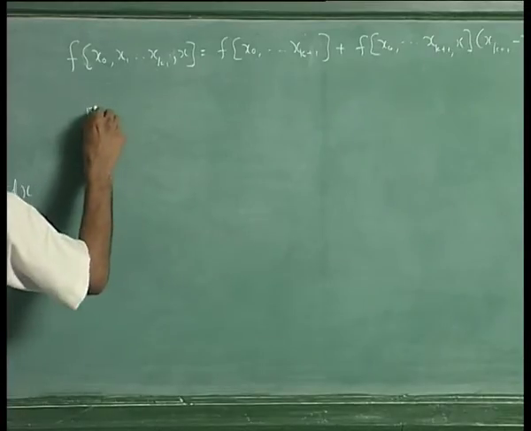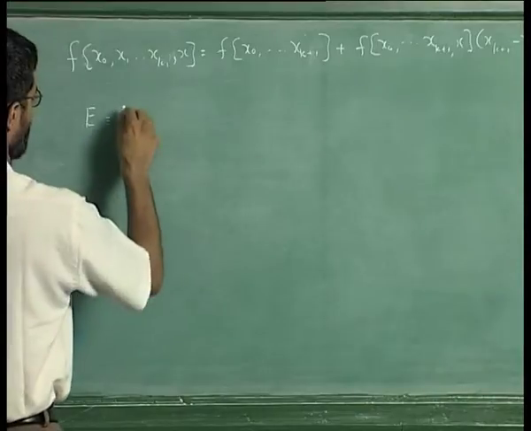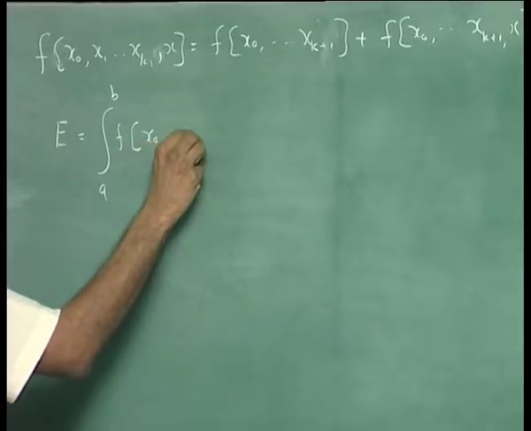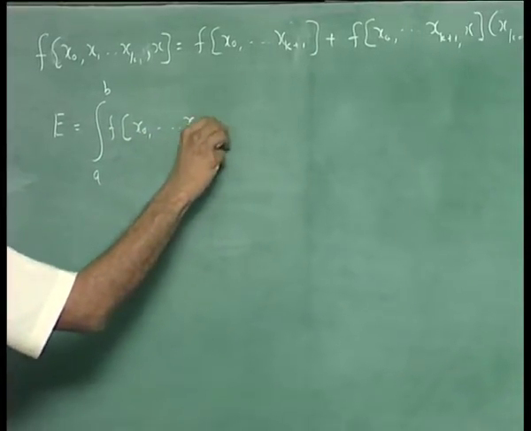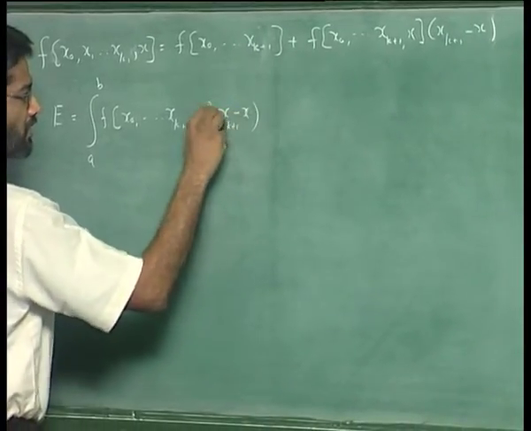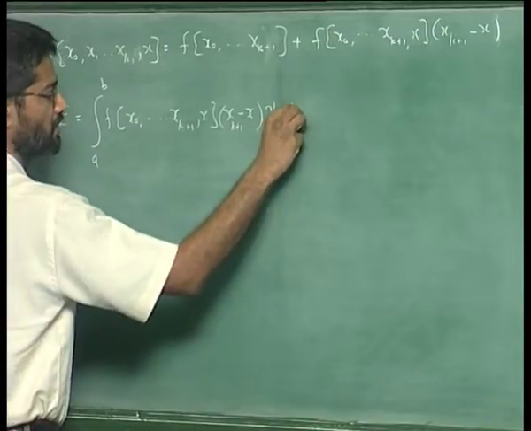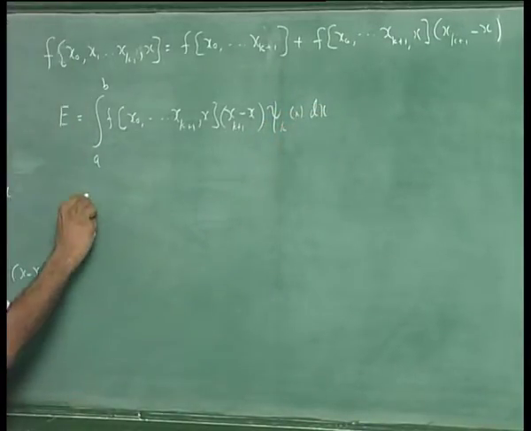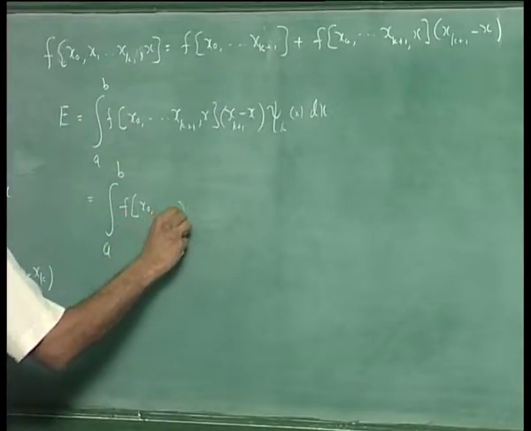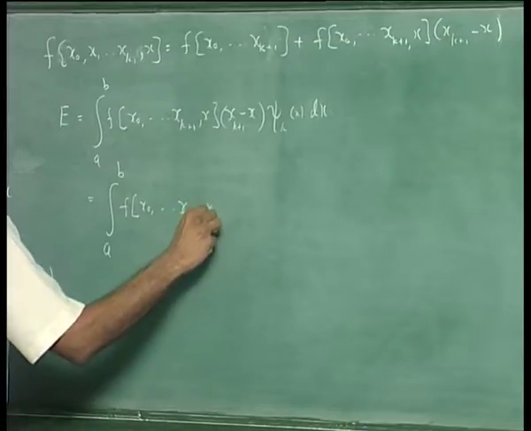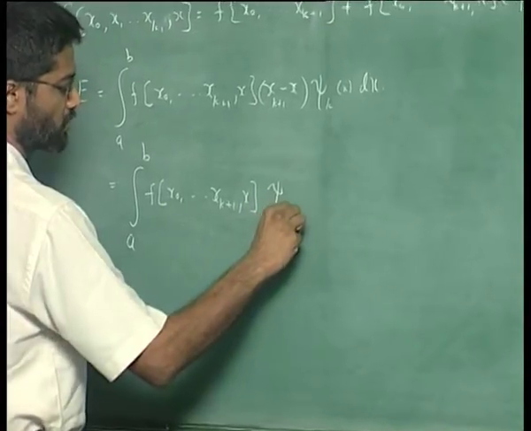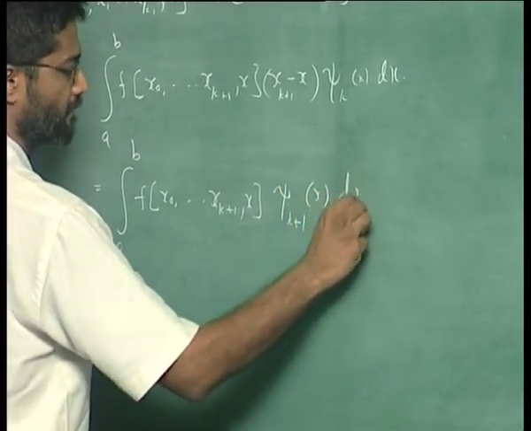So, this leads to E, the error, as the integral a to b of f of x 0 to x k plus 1 comma x, that is a coefficient, and psi k plus 1 of x dx.